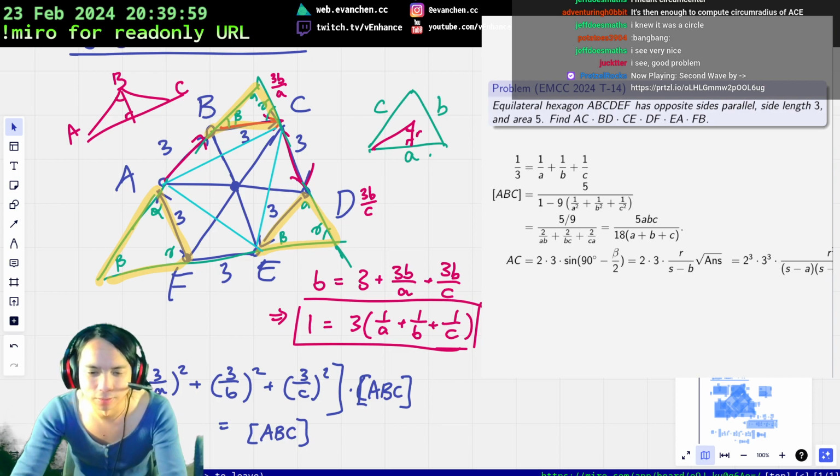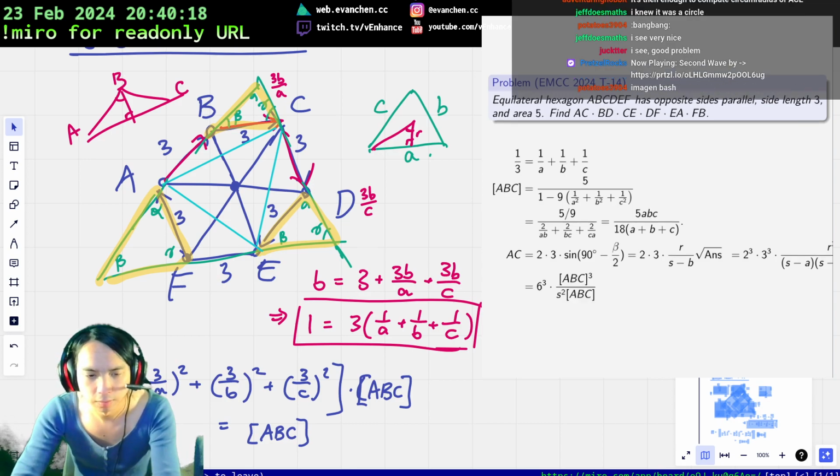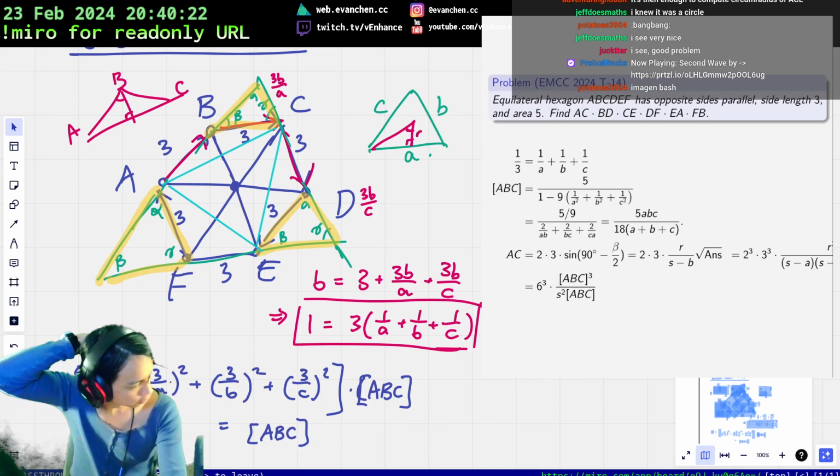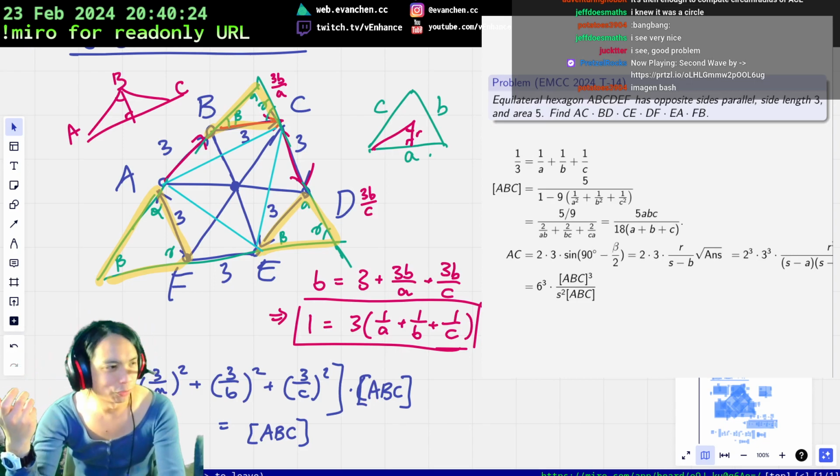No, I should just clear the whole thing. Well, we'll just multiply both top and bottom. It's then enough to compute ACE.